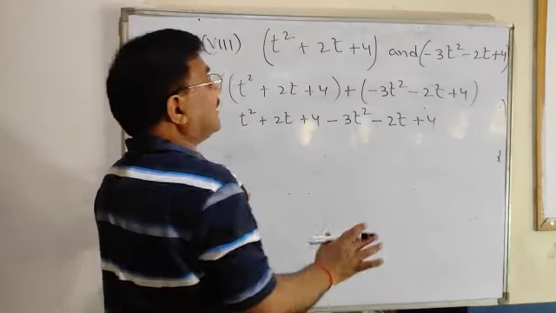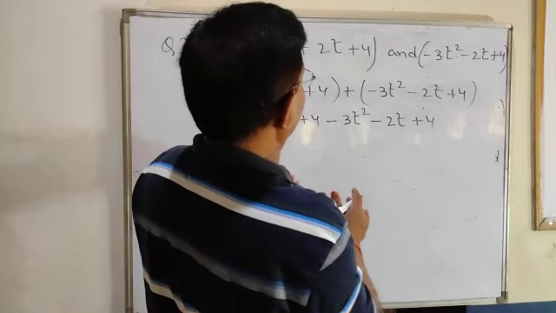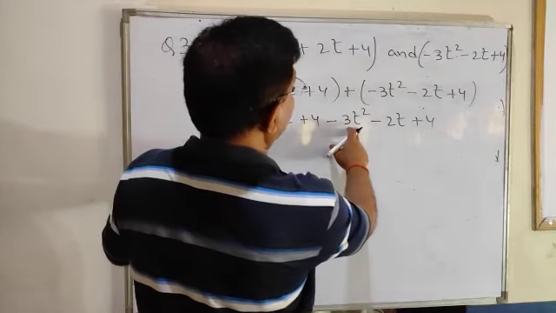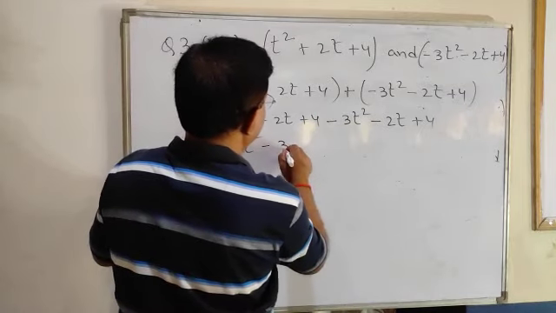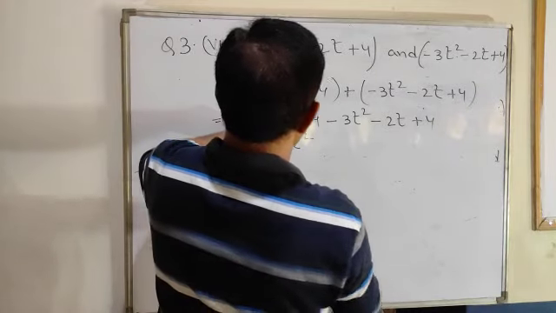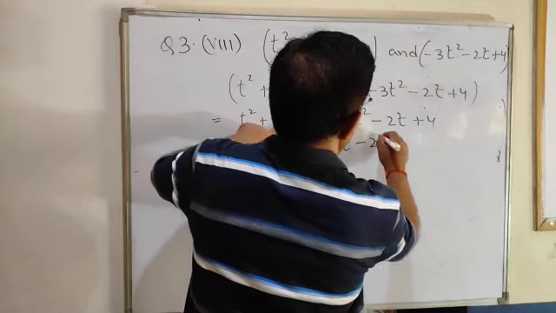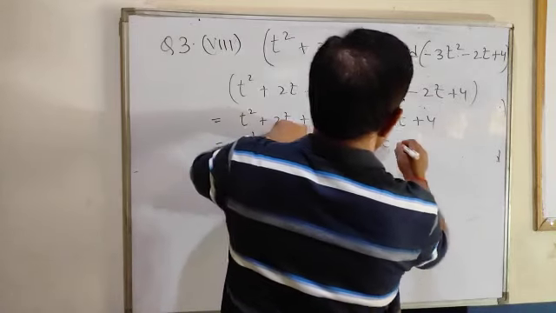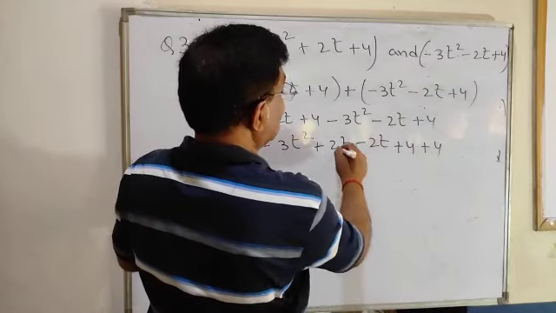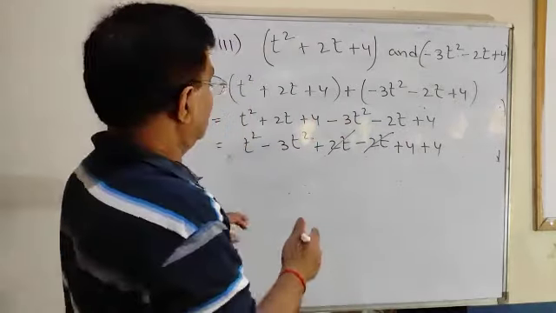Now I have opened the brackets and written it. Now collect the like terms together. t square, more t square is there, yes, minus 3t square. No more t square is there, plus 2t and minus 2t, plus 4 and this is also plus 4. So first thing, plus 2t and minus 2t will cancel, will become 0.